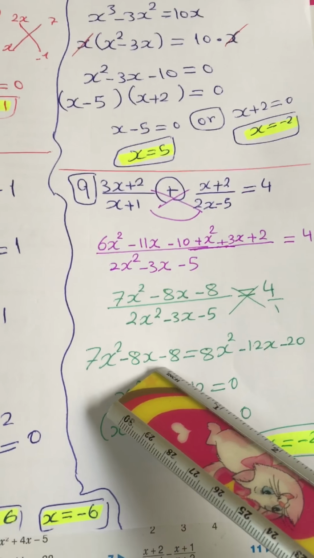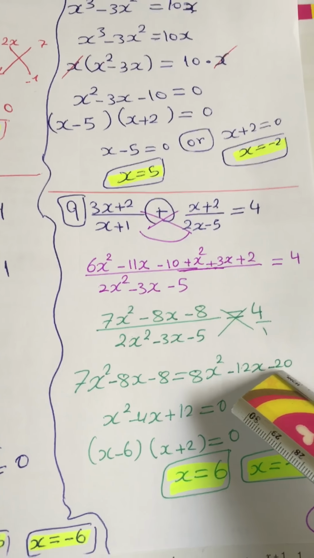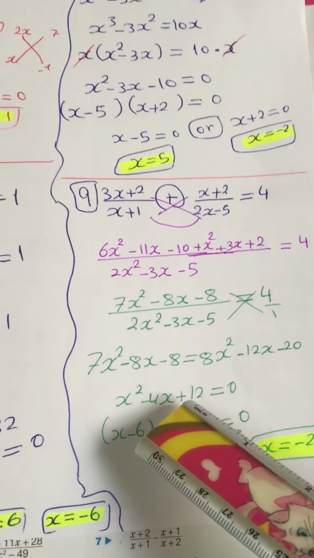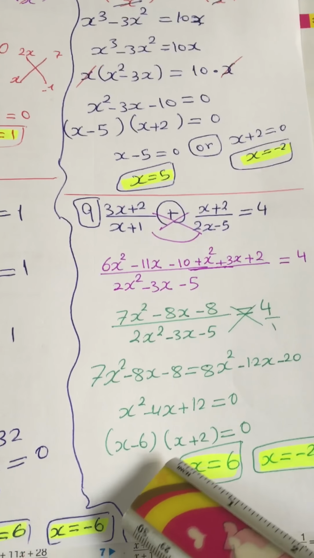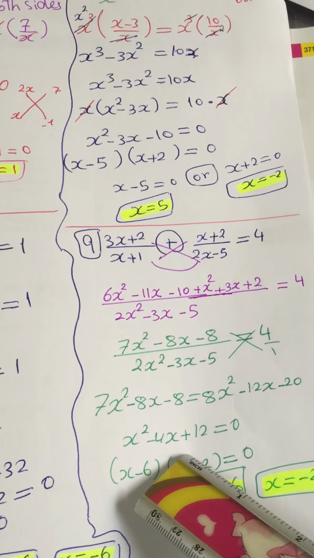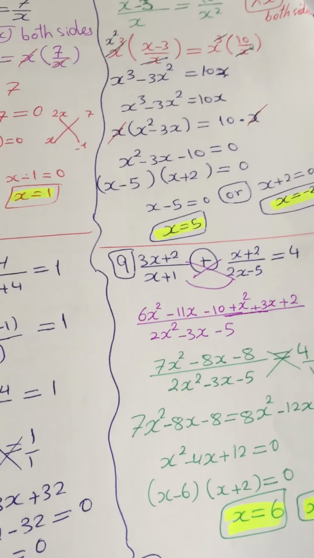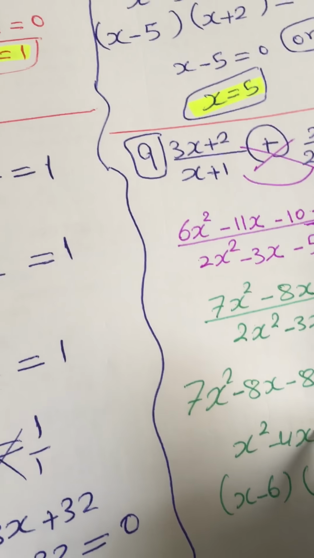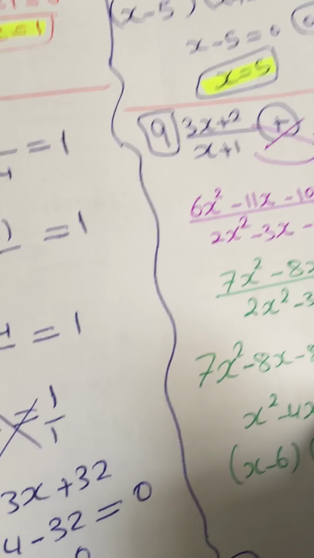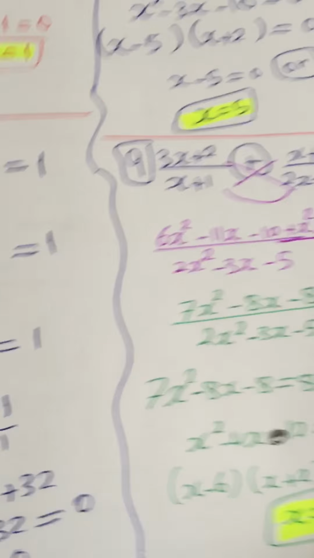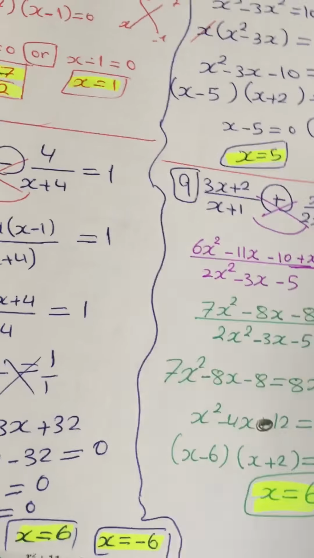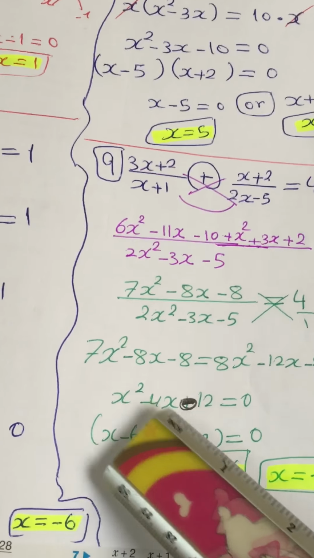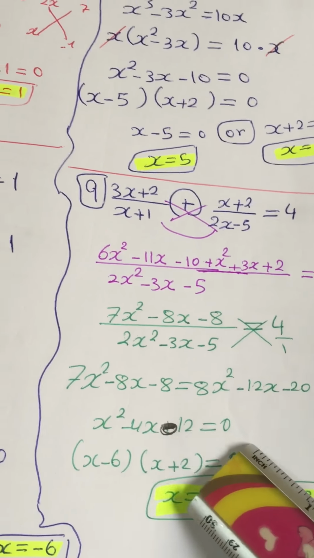And negative 8, I'll take it positive 8 with negative 20, so here I have negative 12. Okay, so here I have x squared minus 4x minus 12 equal 0.